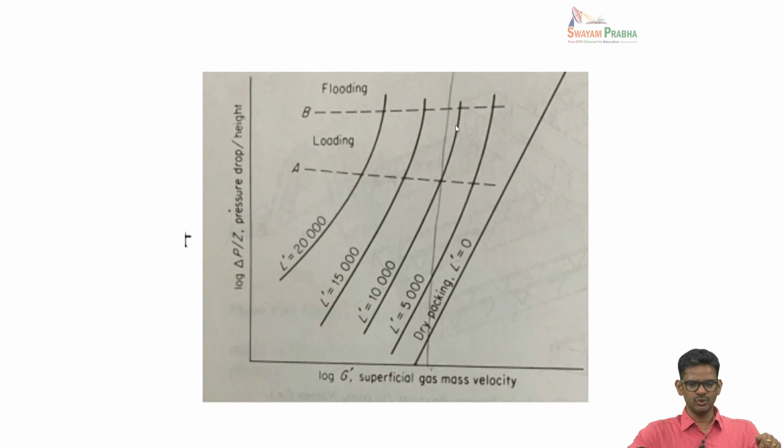Then you decide one particular liquid flow rate and correspondingly calculate the gas flow rate, or vice versa. You decide the gas flow rate and then find out the liquid flow rate, so that you are always below that flooding line. I have a couple of numerical problems I wanted to do, but because of time I could not do it. In the next class I will show how to use this. There are only two challenges.